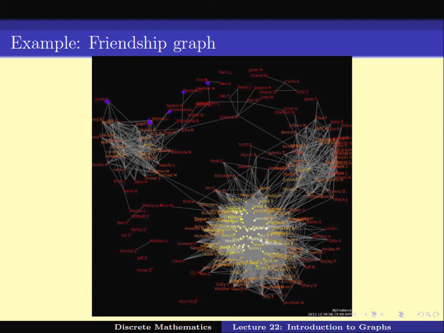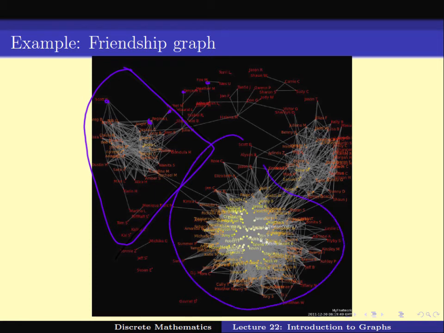For example, in this particular friendship graph, one can say that maybe this set of people are in a particular country, this set is in another country, and so is this set. This is called the clustering problem, or understanding the friendship graph to understand some structure of the network.